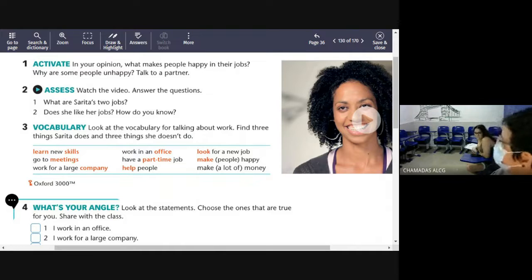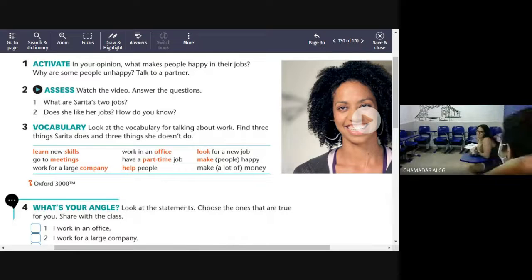Yeah. Environment. Yes, the environment. If the environment is good, if you like what you do. Yeah. Great. Do you agree, Chinwei? Yes, do you think that's something important to enjoy your job?